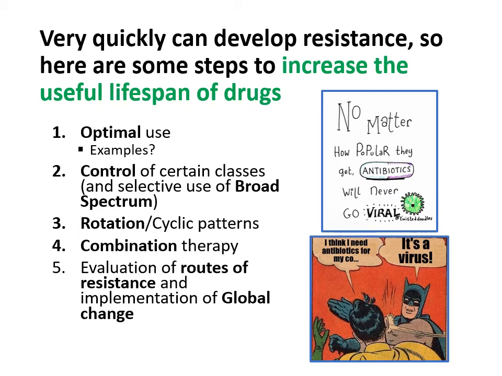So for instance, if you've ever gone in to the doctor's office and let's say you have an ear infection, what are they going to ask you before they actually prescribe you antibiotics? Have you been on antibiotics recently? And they'll check your medical record and they'll look to see when you most recently had antibiotics and which one you were given.